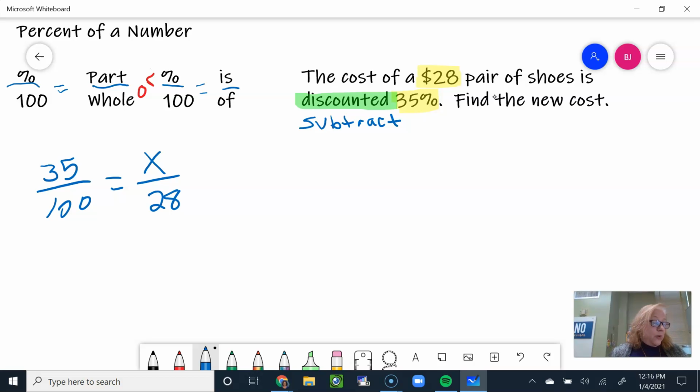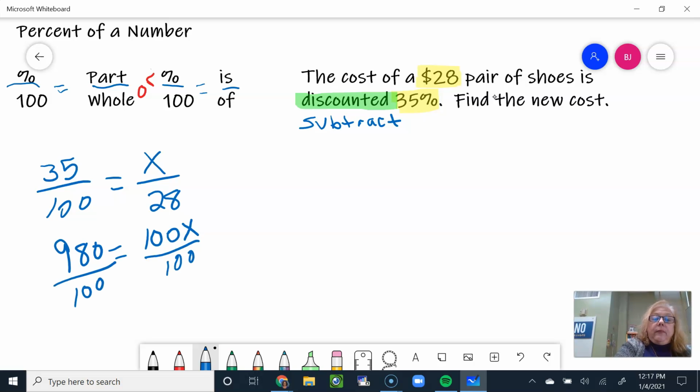Once again, we do our cross products, and 35 times 28 equals 980 equals 100x. We divide by 100, and that gives us x equals, there's two zeros, so we move our decimal place to the left twice, $9.80.